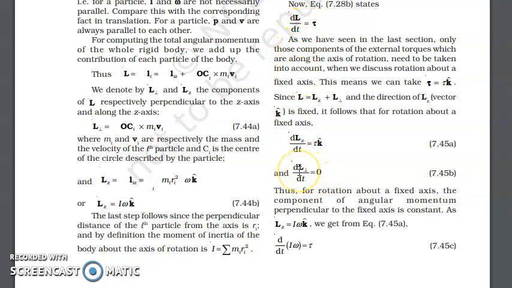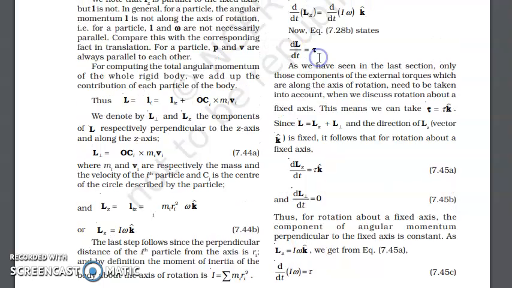So you can see from here that the differentiation of any quantity being 0 means that quantity is constant. So you can see that L perpendicular is constant. Now d by dt of I omega will be equal to torque, because from here you can see that d by dt of Lz is equal to tau, and d by dt of I omega k cap will be equal to tau k cap.